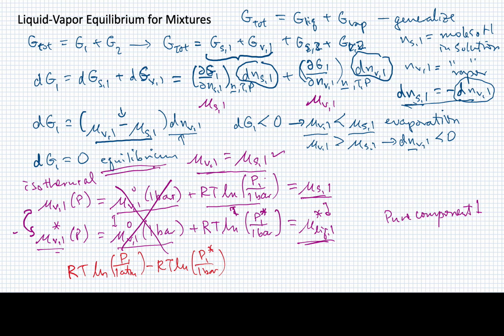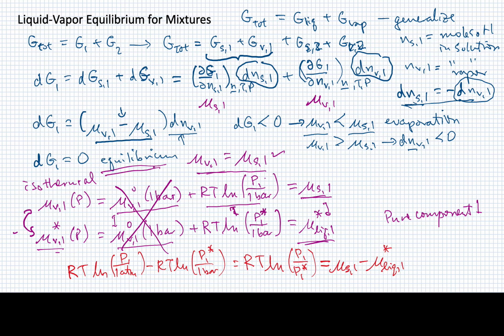Whenever I subtract logs like this, this is just equal to RT log of P1 over P1 star. So what we're doing is comparing the vapor pressure of the component of a solution to its vapor pressure for the pure liquid. And this is going to be equal to mu of the solution minus mu of the pure liquid. So now we have a way of relating these things to one another.